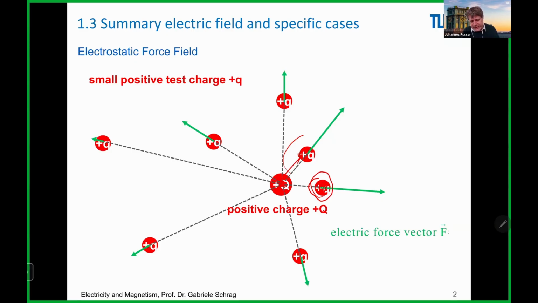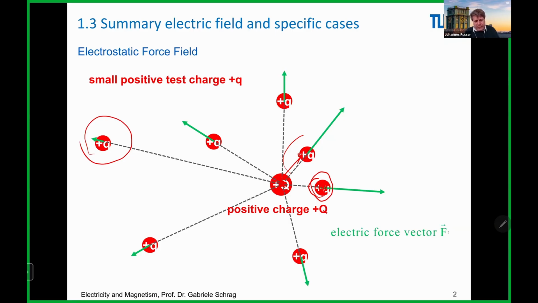So this force, located here at the test charge, is very large, so if you depict it, it will become a very long arrow.